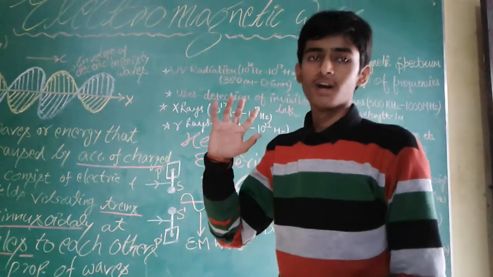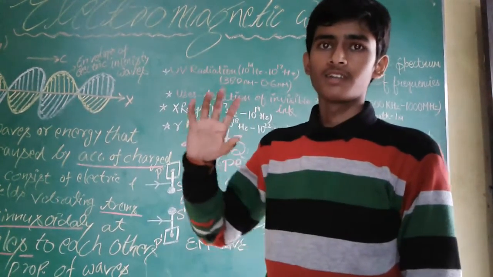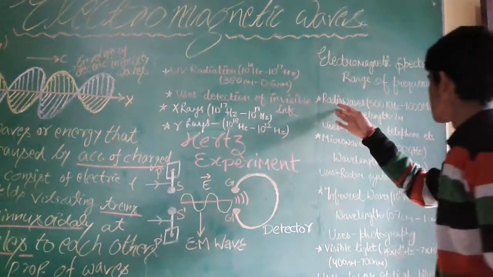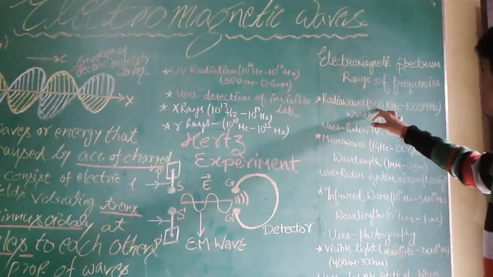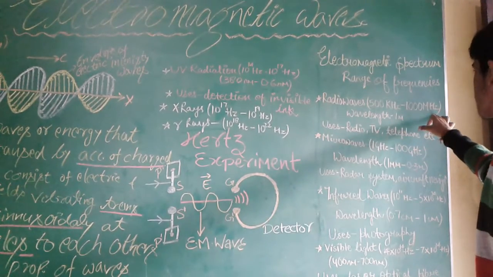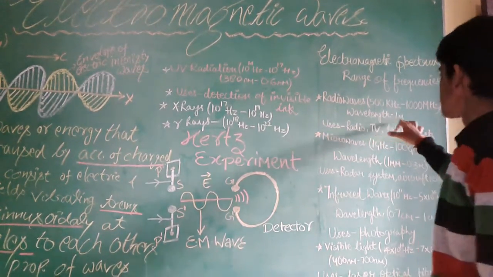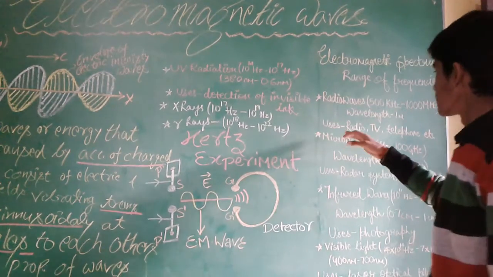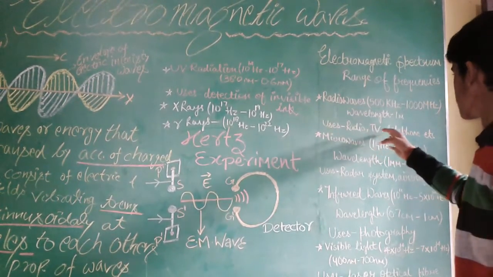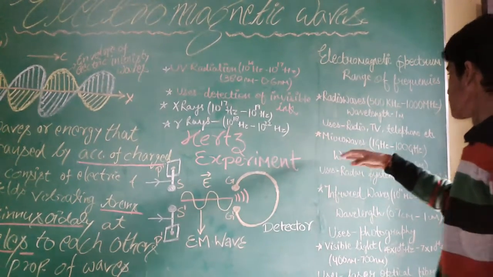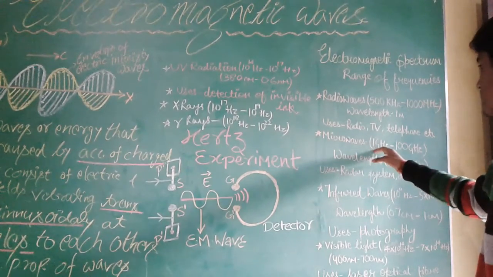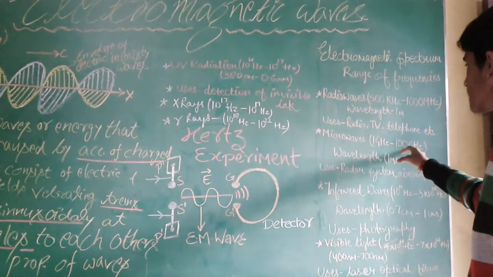Electromagnetic waves have particular momentum, and they have a particular energy. Now comes radio waves. These have frequencies ranging from 500 kilohertz to 1000 megahertz, and wavelength of 1 meter. These are used in radio, TV, and telephones, etc. Microwaves have frequencies ranging from 1 gigahertz to 100 gigahertz.